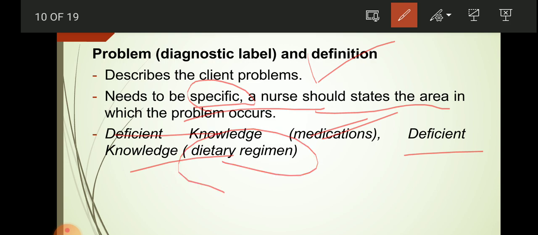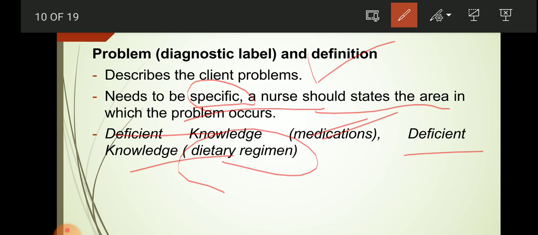But if you use deficient knowledge, guys, in your assessment it should manifest that your patient has difficulty understanding his medication. For example, he tells you, ma'am, I find this medicine hard to understand, I don't understand this. So in your nursing diagnosis, you can put deficient knowledge about medication or deficient knowledge about dietary regimen. But of course, guys, when you're formulating a nursing diagnosis, make sure to prioritize.